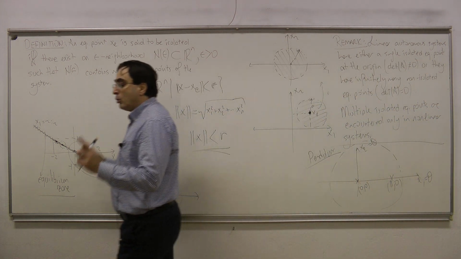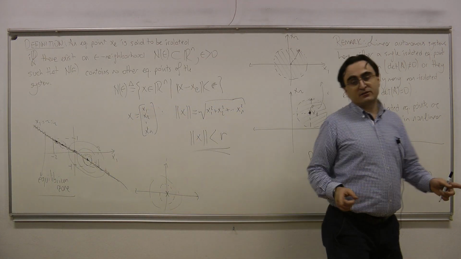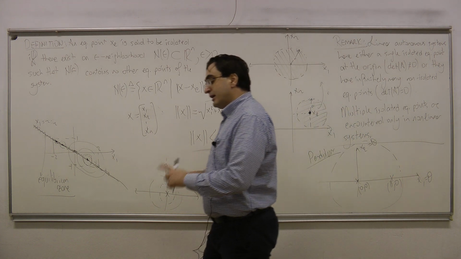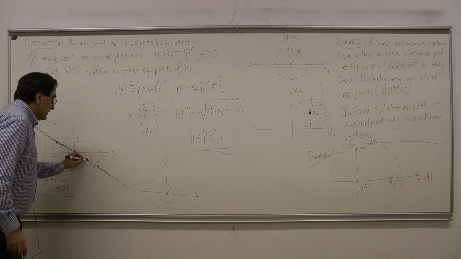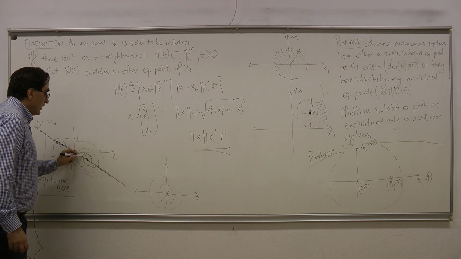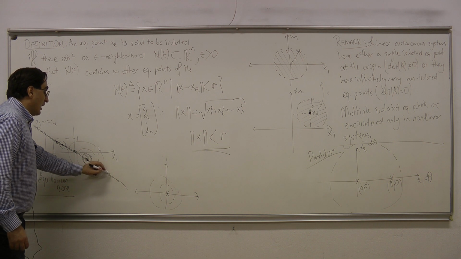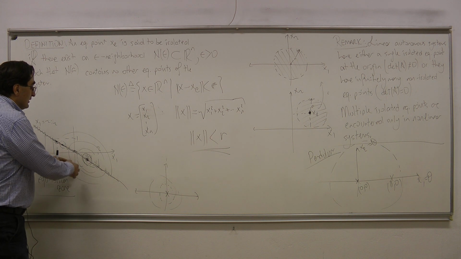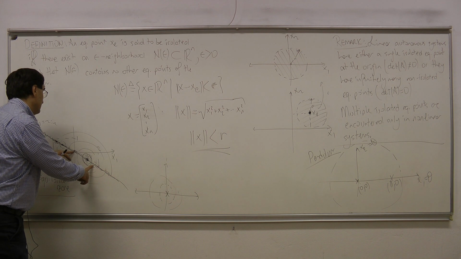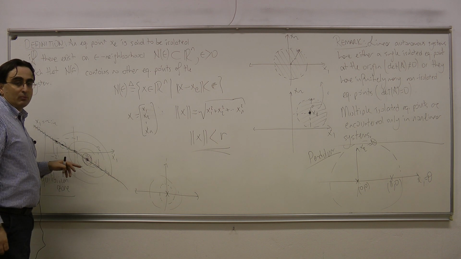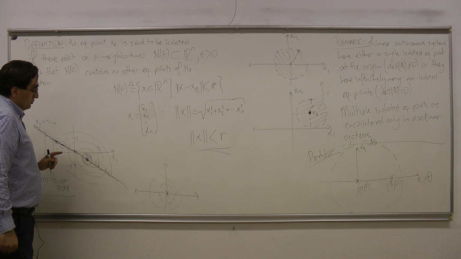I need to check all epsilon balls, and if in every one of them I can find another equilibrium point, then I can say that that equilibrium point is non-isolated. So here you see that, okay? I can check any epsilon ball, however small or large epsilon is. If I look at all epsilon balls, I would always find at least one other equilibrium point in the same epsilon ball.